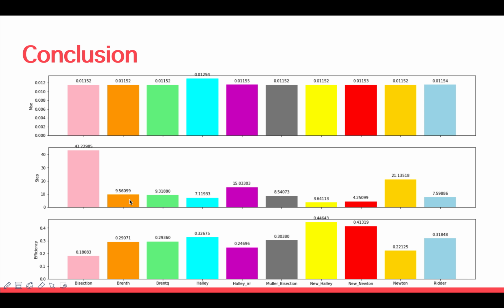So based on what I told before, we get the result here. And we can see for the MSE, all the methods look very similar, except this Halley method is a little bit higher than others, but also still great.